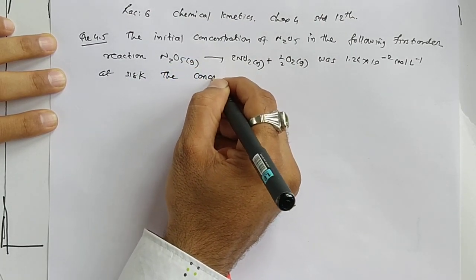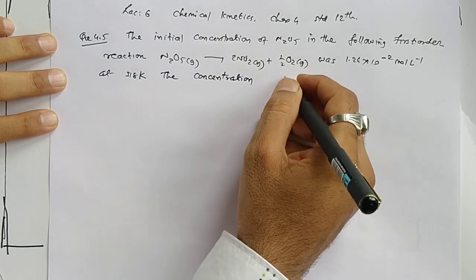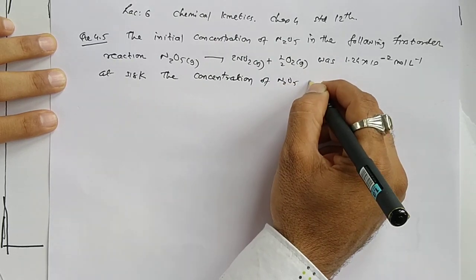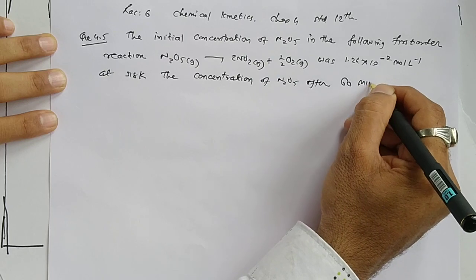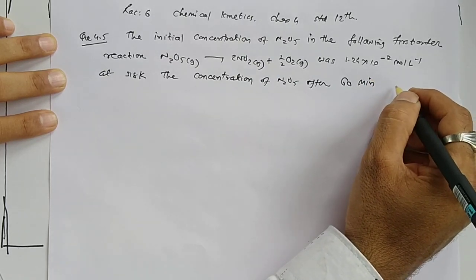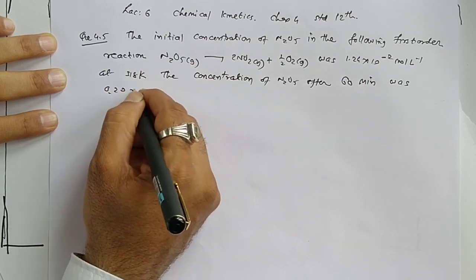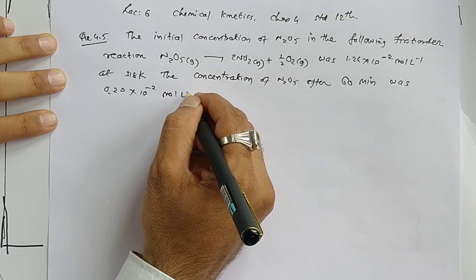The concentration of N2O5 after 60 minutes was 0.20 into 10 raised to minus 2 molarity, means mole per liter.